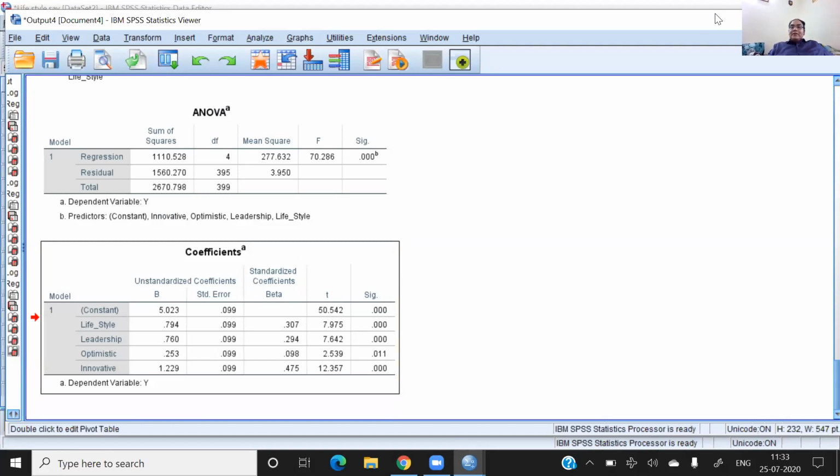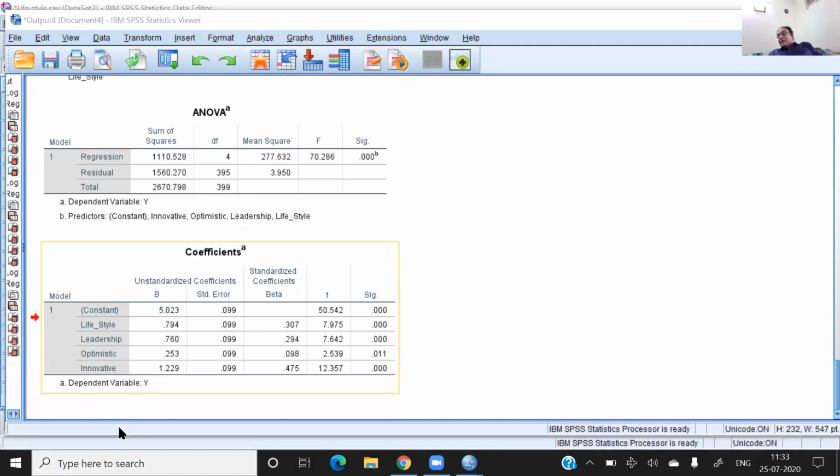Now I am asking one more thing. How can I decide which variable is having the highest impact on Y and which variable is having the lowest impact? All the impacts are found to be significant, that is fine.